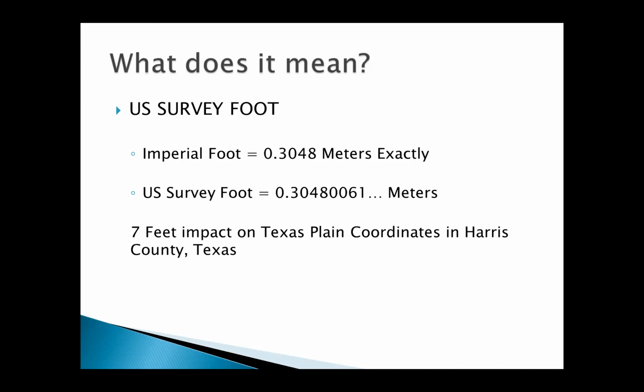In Texas, in Harris County, for example, the east-west coordinate value is in the 13 million range, plus 13 million. That difference of 0.061 comes into play and produces an impact of about 7 feet.